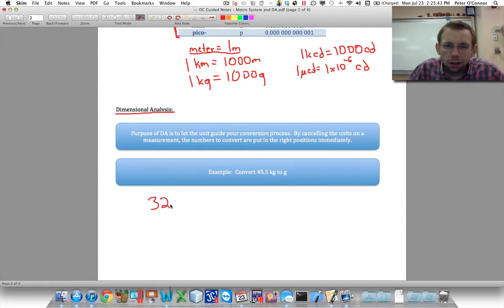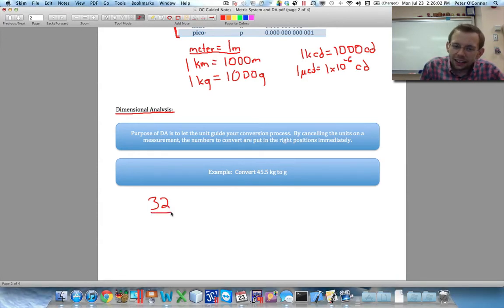Remember, we never write down a number like 32. 32 what? That's like saying you went to the mall and your friend, Billy's like, hey, yo man, what'd you get at the mall? Oh, I got 5. 5? 5 what? Okay, measurements have not only a quantity, but a measured value.